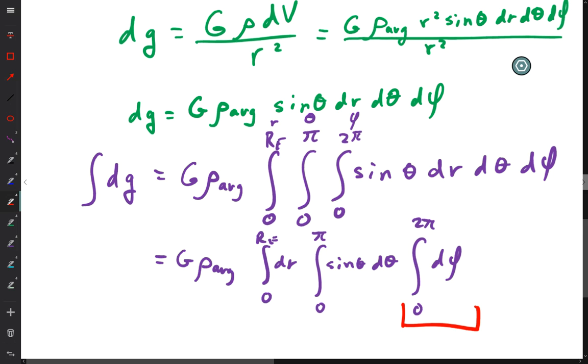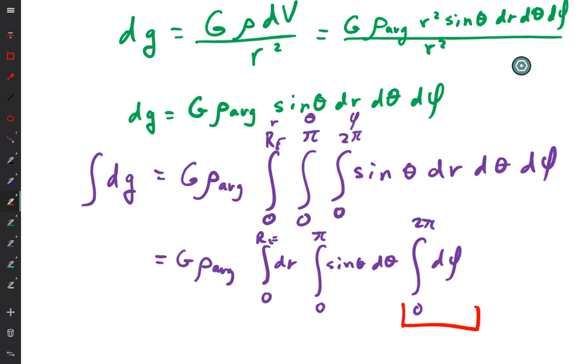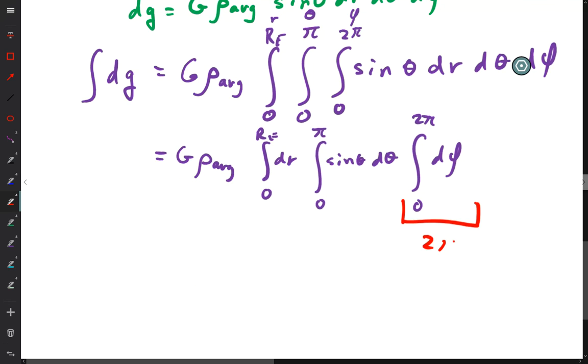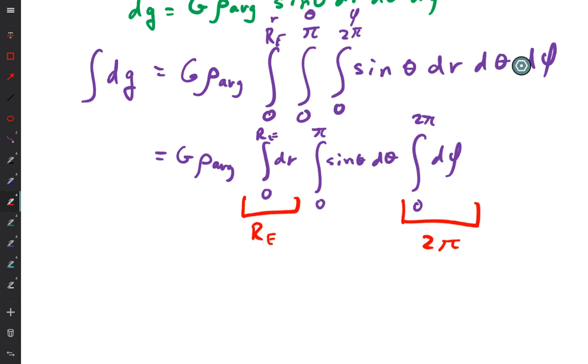What's the integral from 0 to 2 pi of d phi? That's just 2 pi. What's the integral from 0 to radius of the Earth of dr? And what about the integral from 0 to pi of sine theta?